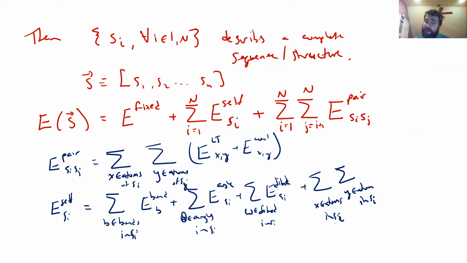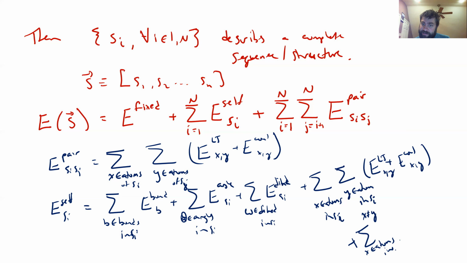This is a sum over Si and Si, of course excluding the case where they're exactly the same, of a Lennard-Jones and Coulombic term for those, plus one more term, a sum over atoms in Si, and then a sum over atoms that are in the fixed portion.